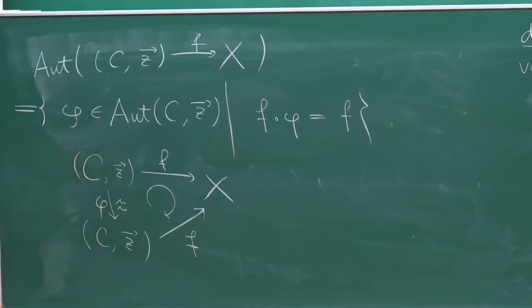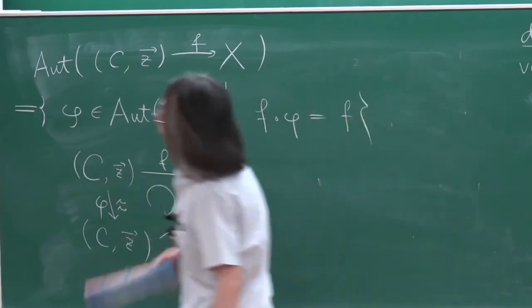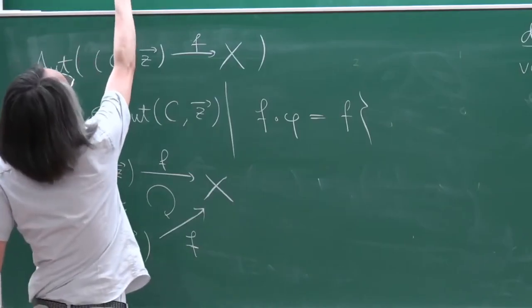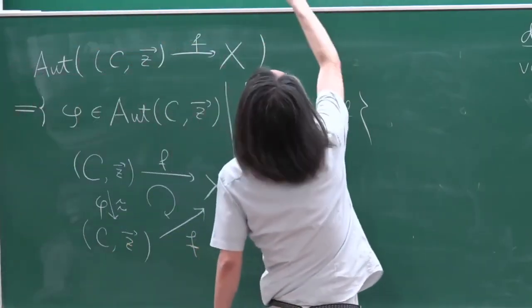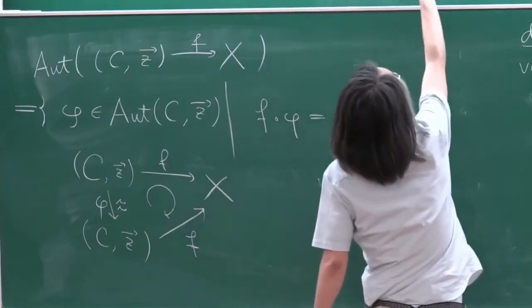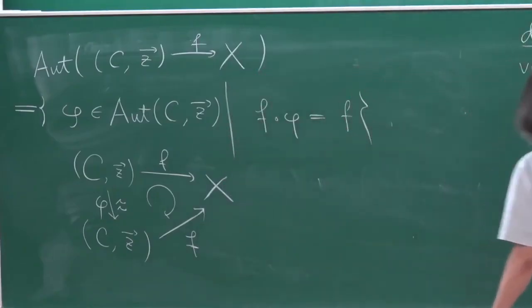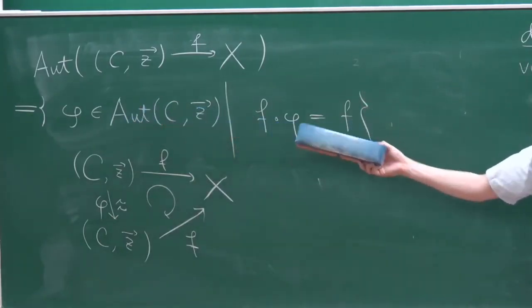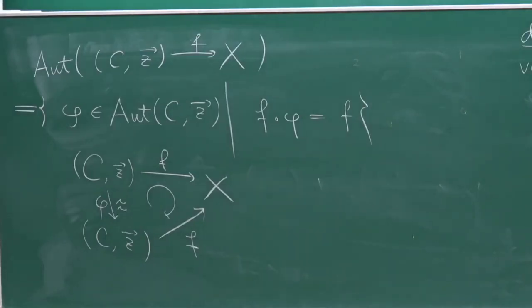So this is actually a subgroup of the automorphism group of the domain curve. But this one is not stable, but just pre-stable. So as I wrote there, if we have a component of genus 0 with k equal to 0, 1, or 2, or genus 1 with k equal to 0, then this group itself is infinite. But now we assume this condition. Okay? And then what does it mean?